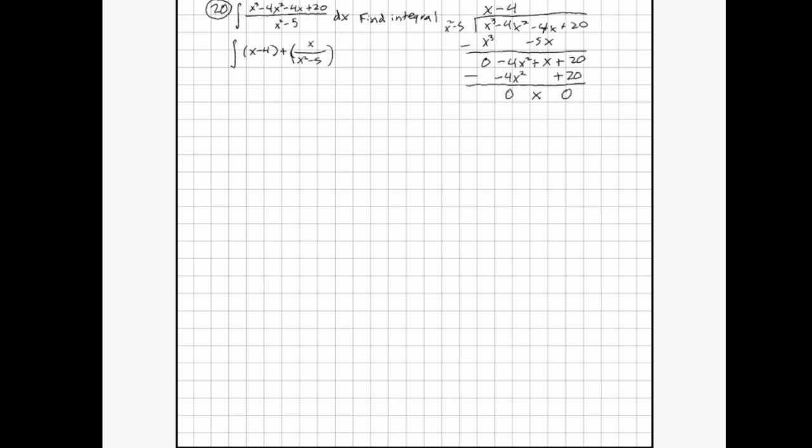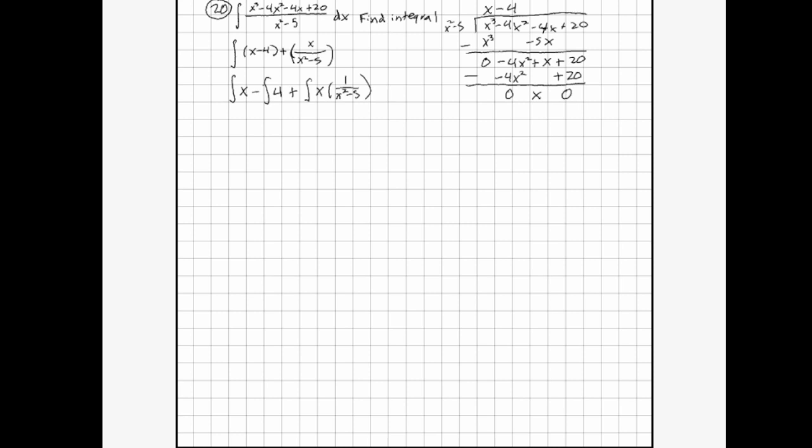And then I take the integral of this, but I can simplify this right here by, well, first I simplify this. So it's the integral of x minus the integral of 4 plus the integral of this one right here. So it's the integral of x times 1 over x squared minus 5.